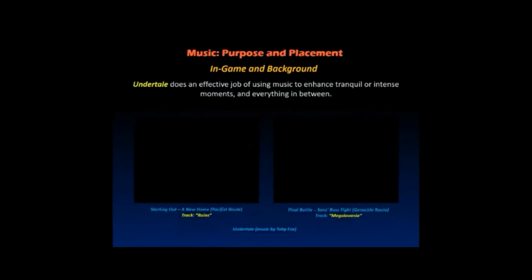All right, here, this is a classic that I'm sure everybody knows, which is Undertale. Toby Fox wrote, I believe, 101 tunes for this amazing game. And he really did an effective job of using music to enhance any sort of moment, whether it's a tranquil moment where you're just walking around peacefully, or you're fighting the final boss. So you have something like here, starting out a new home.